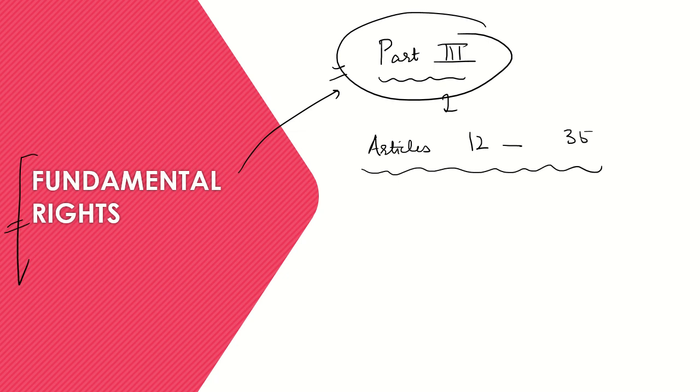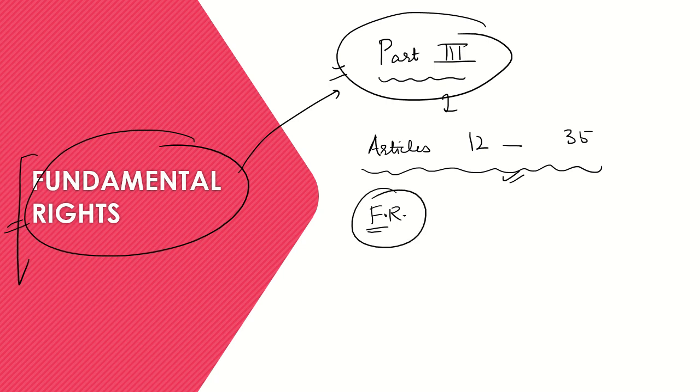You find your fundamental rights given to you in Articles 12 to 35. We discussed this in the class. What are fundamental rights? I'll call fundamental rights FRs. Now, what are these fundamental rights? Fundamental rights are basically fundamental human rights.